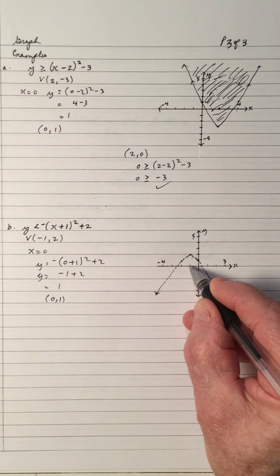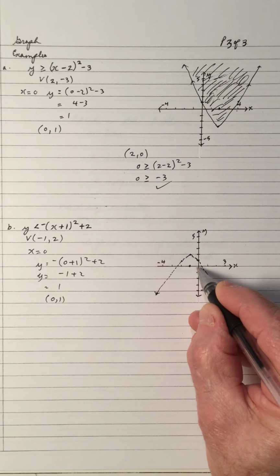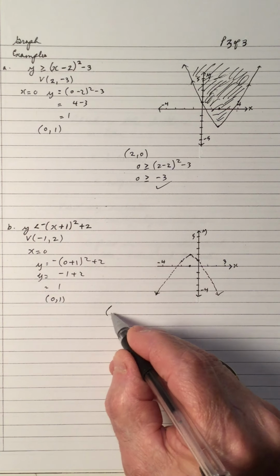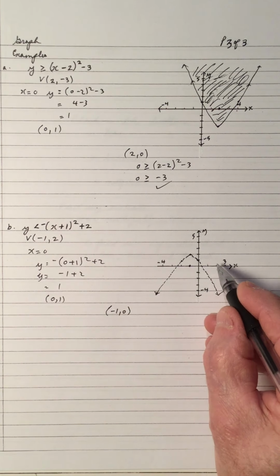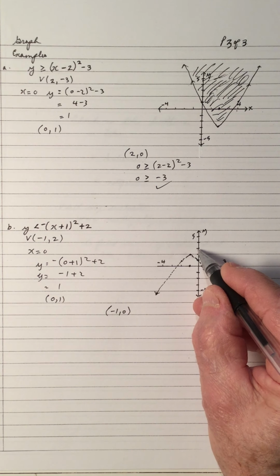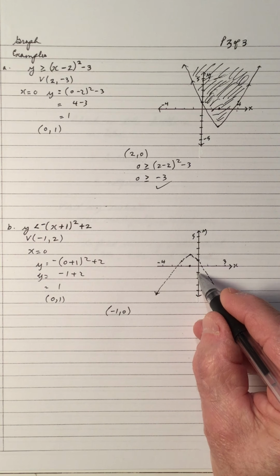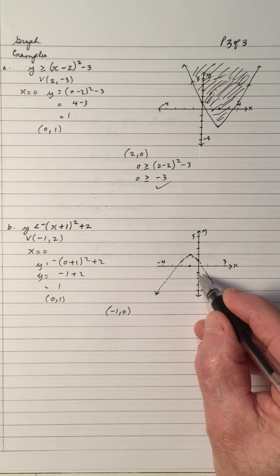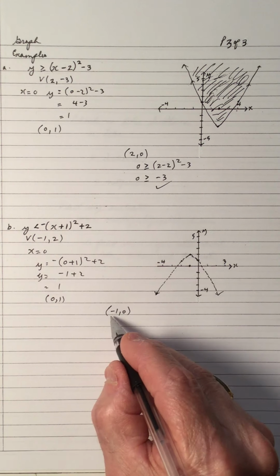But let's check this point. What's this point? This point is -1, 0. I could check the point 2, 0, or 0, 3, or 0, negative 1. Pick any point, but I picked this one.